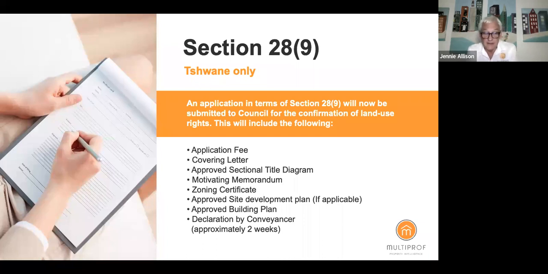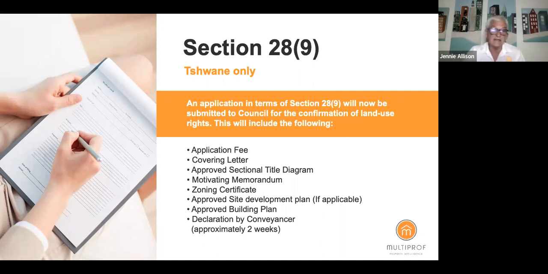We will need to submit the approved building plan, the approved sectional title plan with a zoning certificate, and the site development plan if applicable, and they will only approve it if everything is up to date. That will add another few thousand rand to the cost, and more importantly, it can add another month to 6 weeks to the whole process, and that can only be done at the end, after the building plans have been approved and after the surveyor general has approved the sectional title plans.